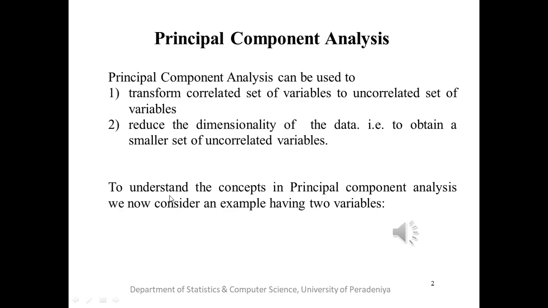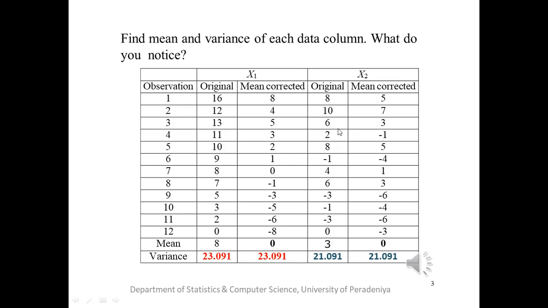To understand the concepts in principal component analysis, we now consider an example having two variables. In this example we have two variables x1 and x2. Note that the mean of the original x1 variable is 8 and its variance is 23.091.